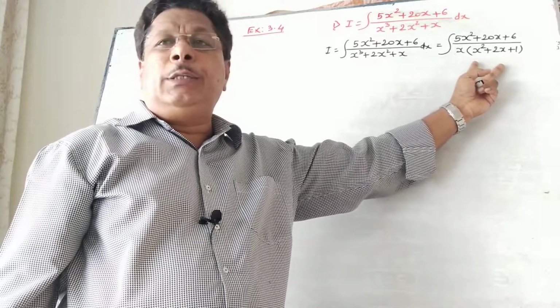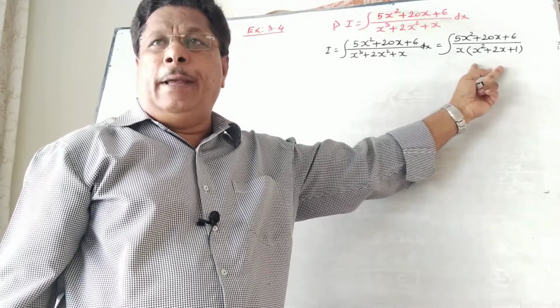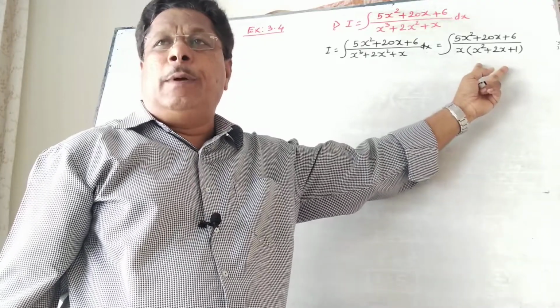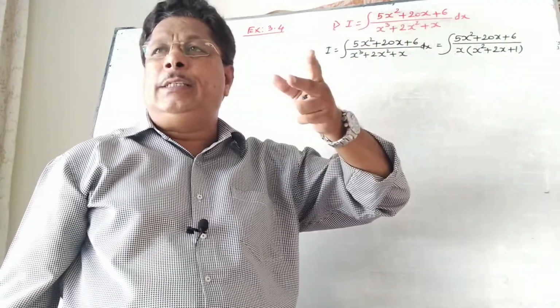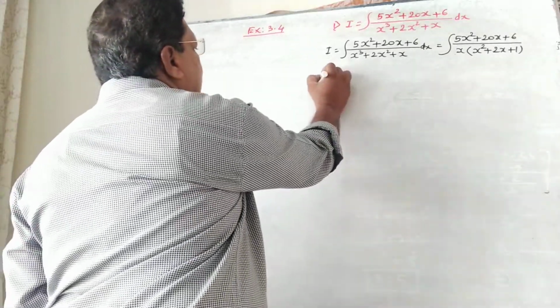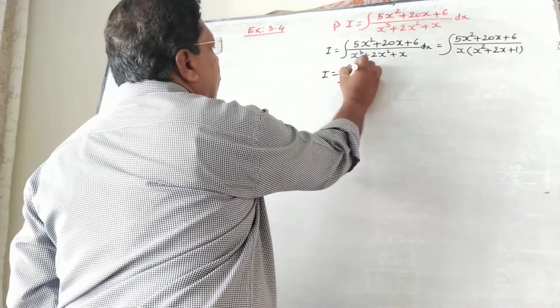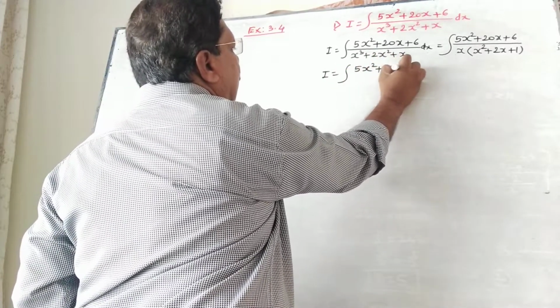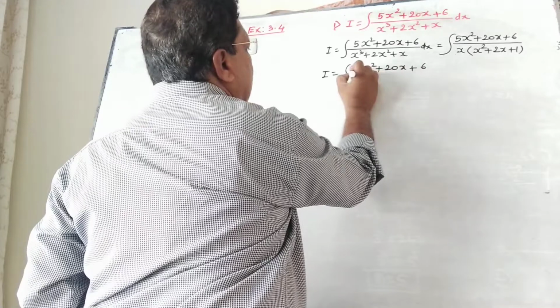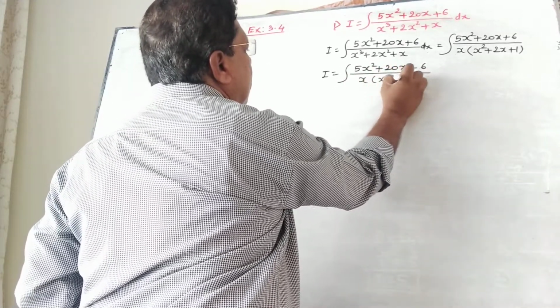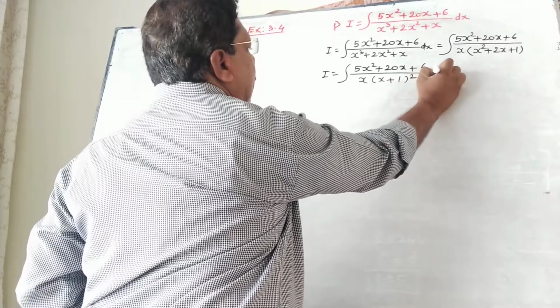It is a complete square, which is the square of x plus 1. x plus 1 whole square is x square plus 2x plus 1. So this integral becomes 5x square plus 20x plus 6 upon x into x plus 1 whole square dx.